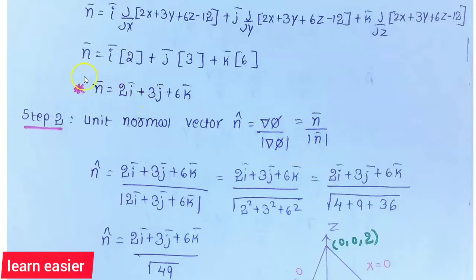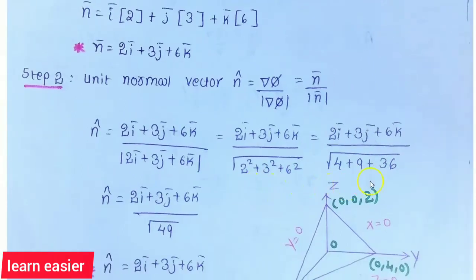We found n bar is 2i bar plus 3j bar plus 6k bar, divided by its mod. The mod is the square root of 2 squared plus 3 squared plus 6 squared, which is the square root of 4 plus 9 plus 36. Adding, 36 plus 4 is 40, 40 plus 9 is 49.